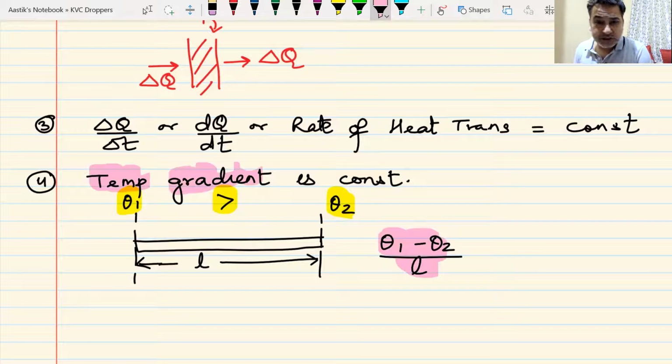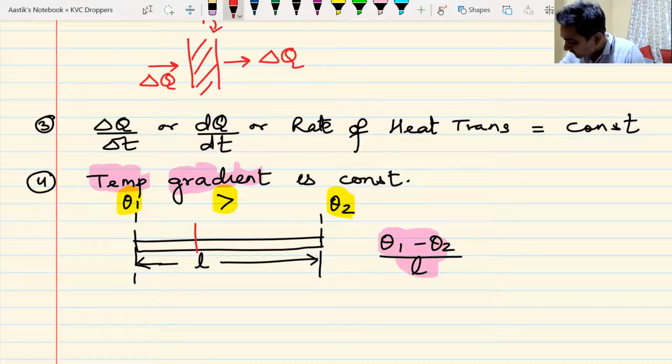Difference in temperature divided by the length. Do we understand this? This thing is known as temperature gradient.